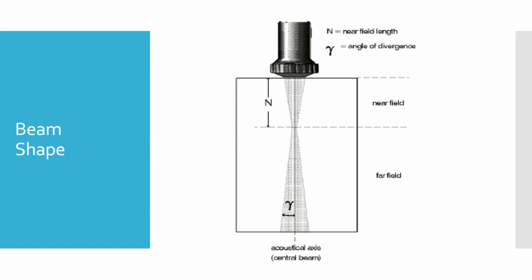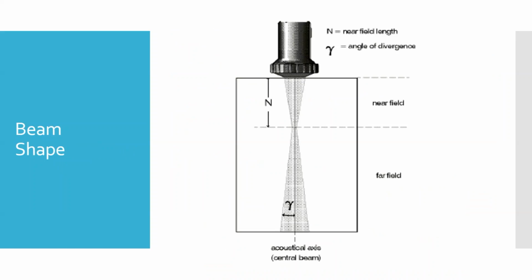As we move our probe across the part, we're looking for it to pick up the crack. So if I had a wide beam, would it make the crack seem bigger or smaller? It would make it seem wider than it actually is, because if we had a really wide beam, maybe we'd start to pick the crack up over here. We'd be picking it up, picking it up, picking it up, right?